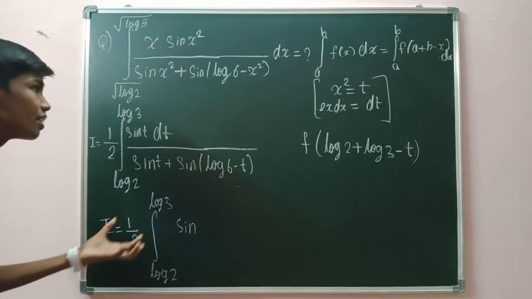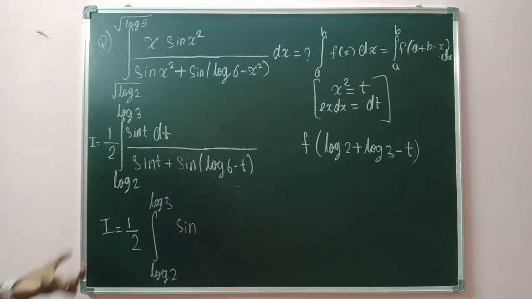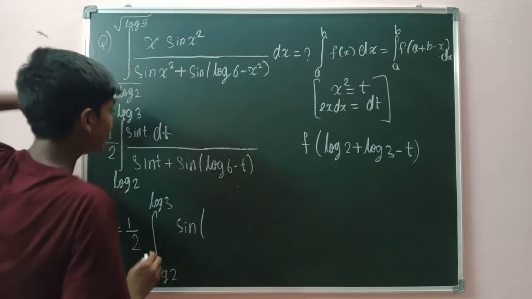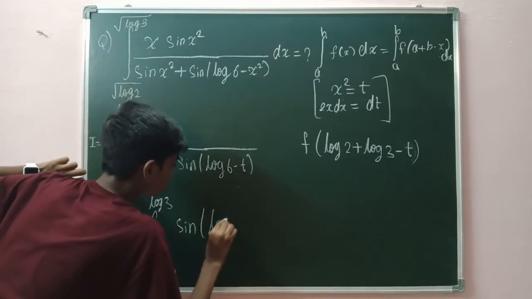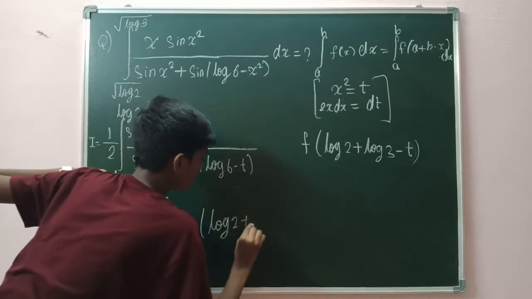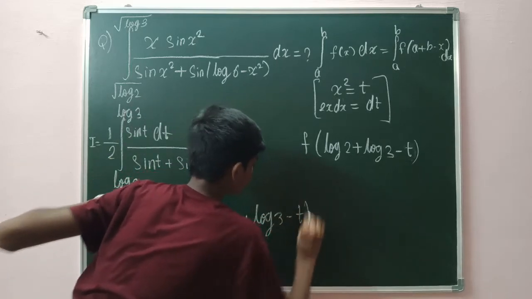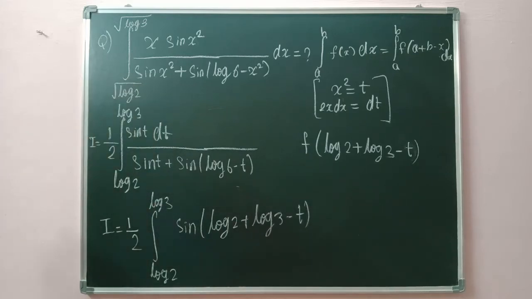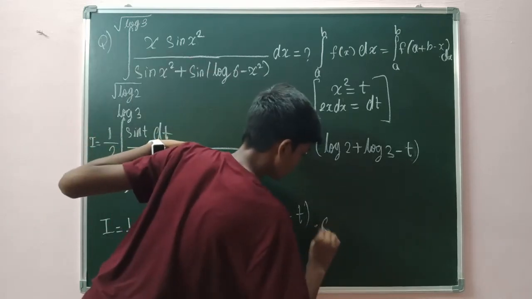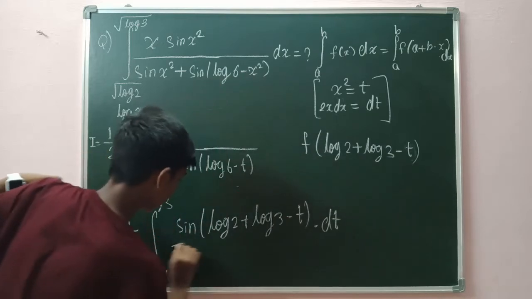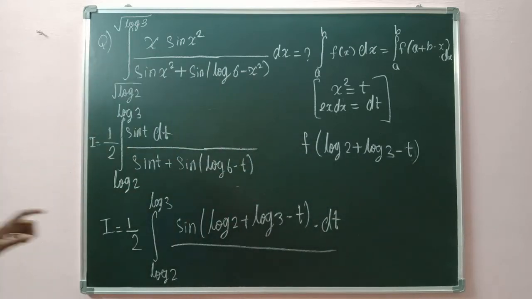So I can write this t as log 2 plus log 3 minus t. I hope you guys understand what I am doing here. Then dt, divided by the denominator, which has sine of t.